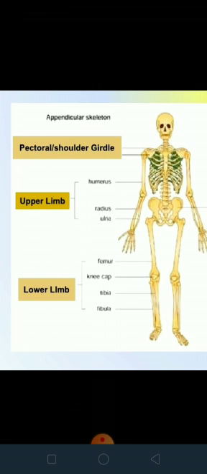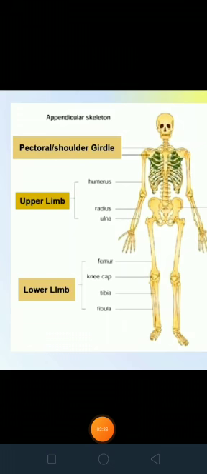Thigh bone is the strongest and the longest bone in our body. Then we have 2 bones in the lower part of the lower limb, that is tibia and fibula. These are the lower and upper limbs of our body. And there are 2 girdles in our body: shoulder girdle, that we also call pectoral girdle, and pelvic girdle.